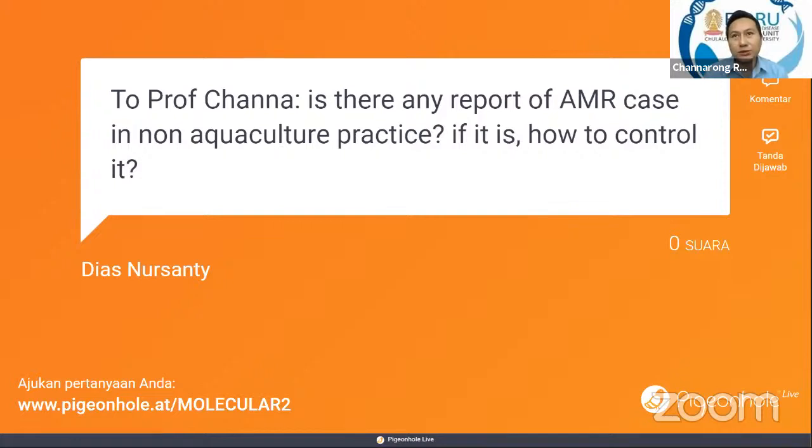We have to make prudent use of antibiotics in agriculture, both aquaculture and livestock. And we have to educate farmers how to deal with antibiotic use. For example, they have to know how long they have to use it, and how long they have to stop using the antibiotic drug before selling the agriculture or aquaculture product to the market.